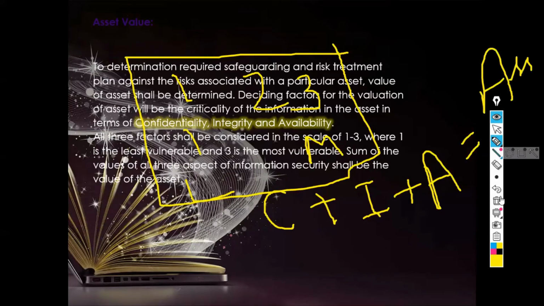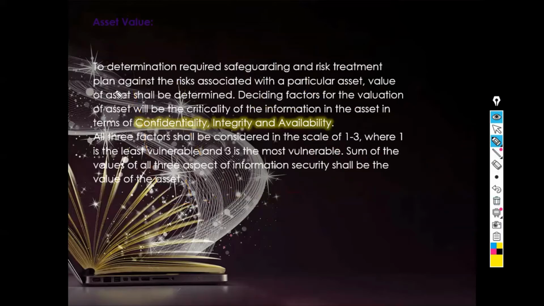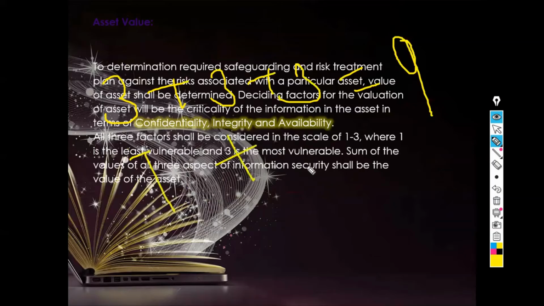Now when we are talking about C plus I plus A, 3 is the most. 3 plus 3 plus 3 results in 9. So this would be the highest asset value. In the same way, the lowest asset value would be 1 plus 1 plus 1. This is C, I, and A.